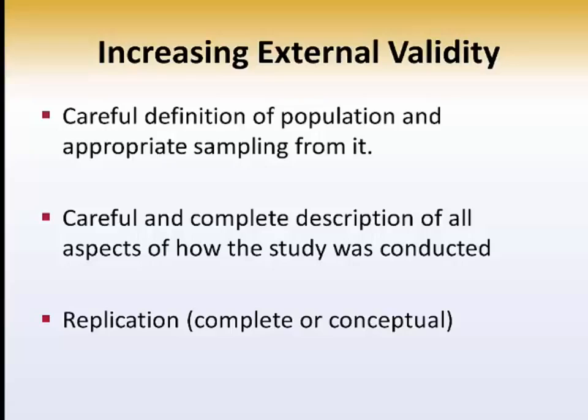So replication has to do with external validity, and there are two different types, complete or conceptual. Complete replication means to completely repeat a study using exactly the same treatments, same types of subjects, and so forth, whereas conceptual replication means that you would alter a few things, or maybe even just one thing.